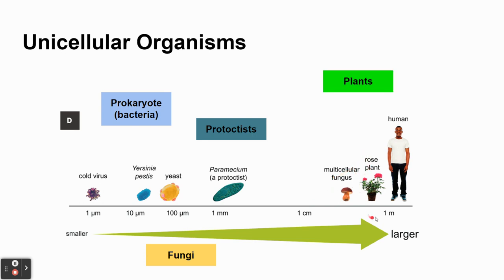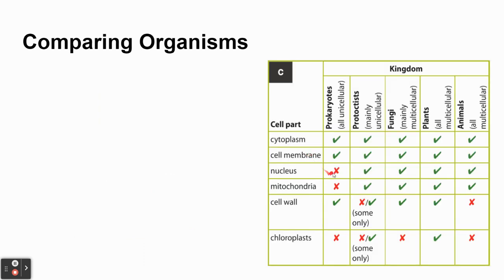Plants also fall into the multicellular organism category, and animals, like humans, also fit into the multicellular organism category. So it might be worth pausing the video to have a look at this table, which compares the different kingdoms that we talked about on the previous slide.